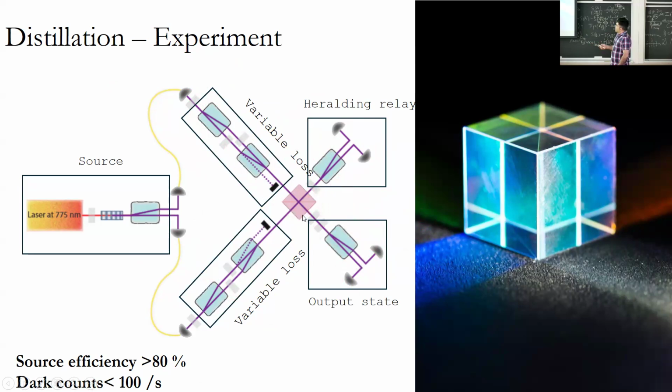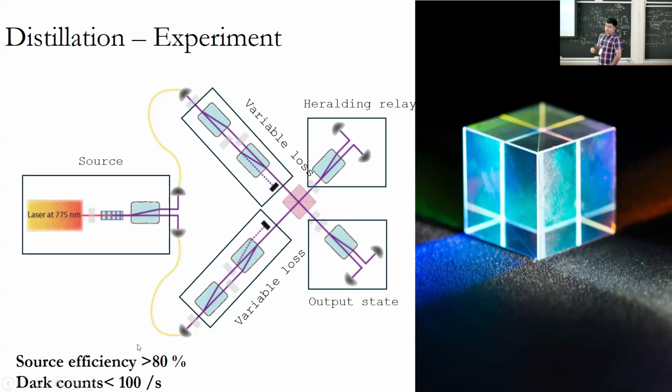All right. So when we started the experiment, we thought, okay, this is a relatively simple experiment, but like everything else in the lab, it wasn't as simple as we thought. To be able to realize such an experiment, you really need two very important factors. First, you need a very high efficiency source.